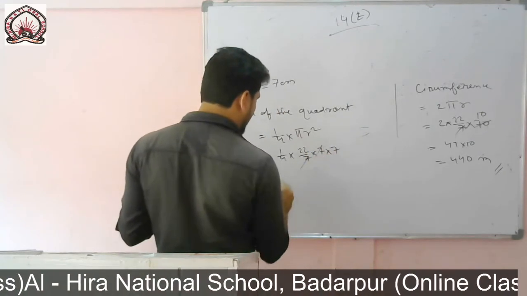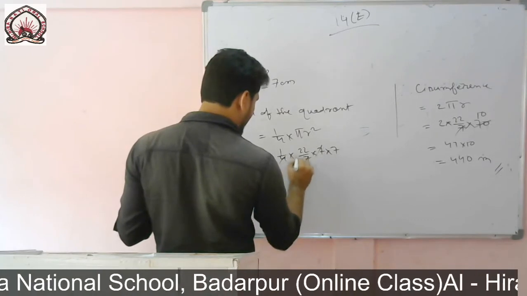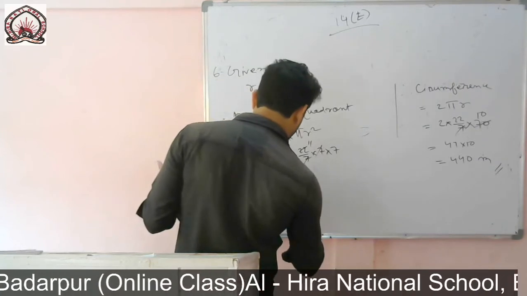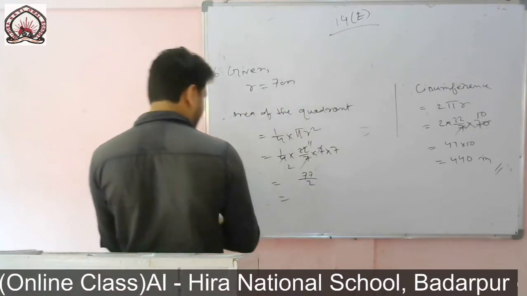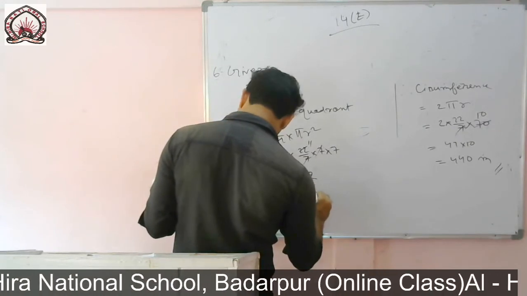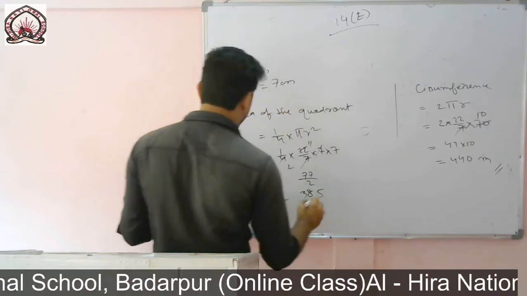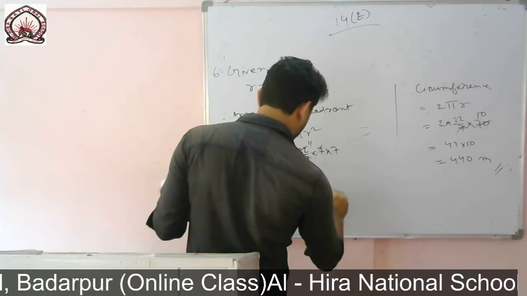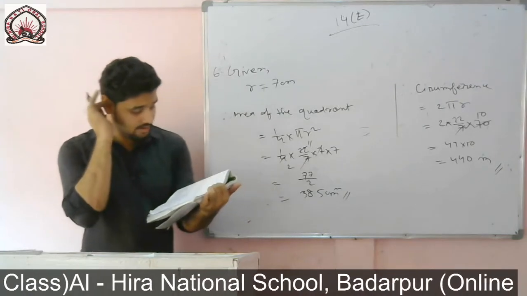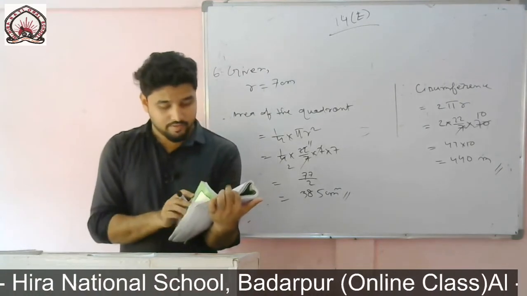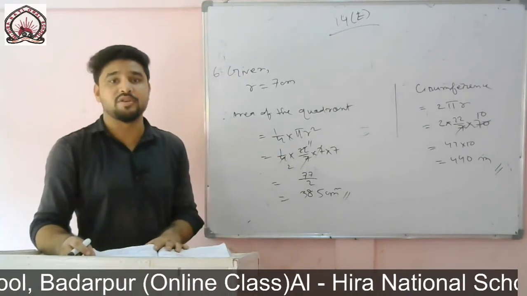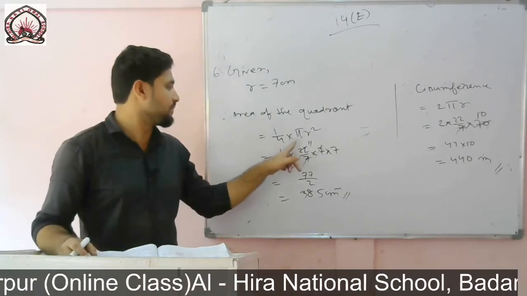If you cancel, then we'll get the answer. Here why have I multiplied by 1/4? Because here it is a quadrant, and quadrant means fourth. So 1/4 pi r square.